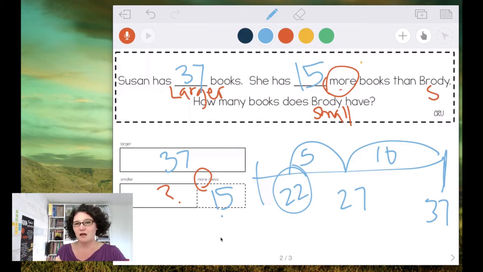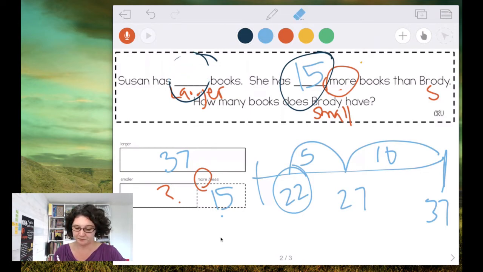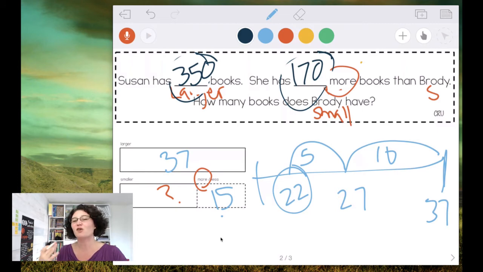The other thing that I love about these problems is that I can very easily change these numbers. So let's say this is an avid reader and I want to put in here that she has 350 books and she has 170 more books than Brody. Those are larger numbers for the context of this problem, but the idea is that you can entirely change the numbers in these problems.